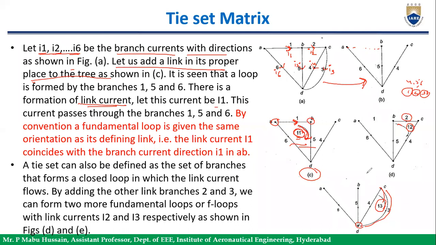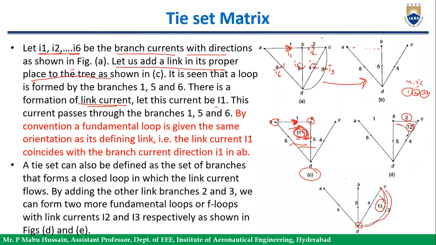Here, in each loop, after connecting a link, every time there is a formation of a loop, which is called the fundamental loop. Now in that loop, we are assuming loop currents I1, I2, I3. What is the direction? That direction will be given by the link current. The link current will be from A to B here, so in this loop the current is also in the same direction.